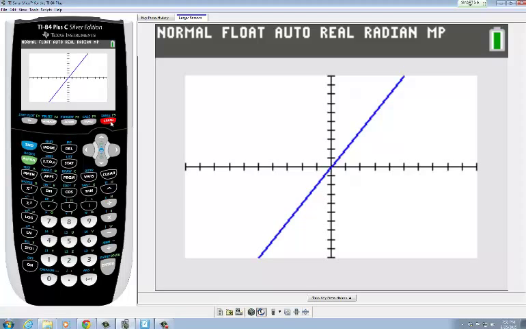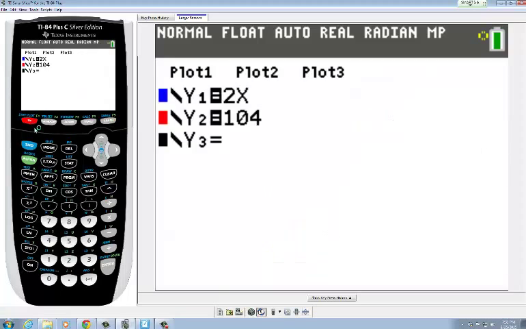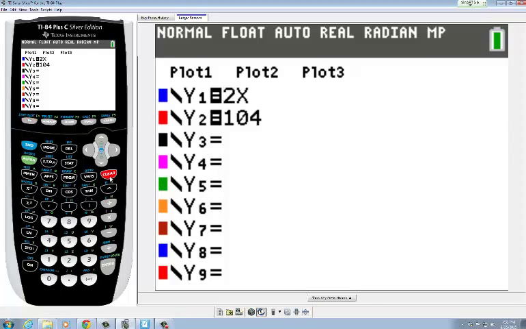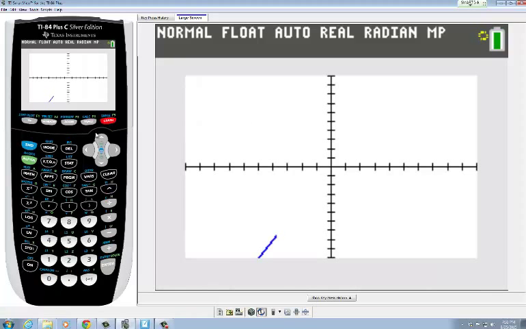We have the blue line and the red line's not graphing. Oh, sorry. Let's see. 2x and 10. Blue line, red line.